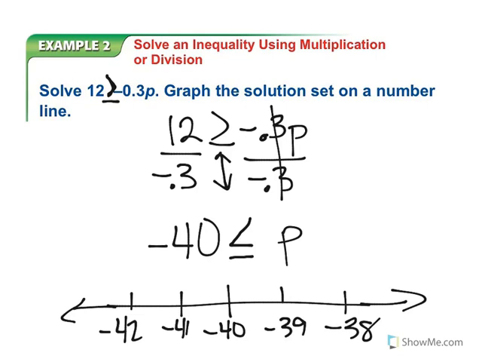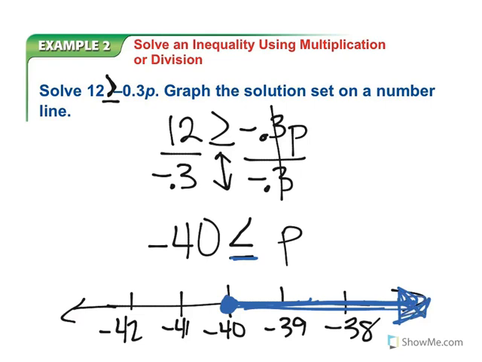Well, I know that I have the line underneath here, so that means it's going to be a closed circle. And it's saying p is greater than or equal to negative 40. Since it's getting bigger than negative 40, we want to shade to the right. The numbers to the right are bigger, and the numbers to the left are smaller.